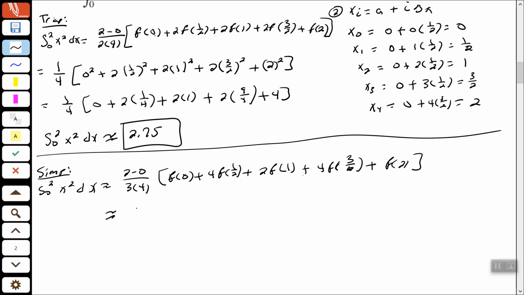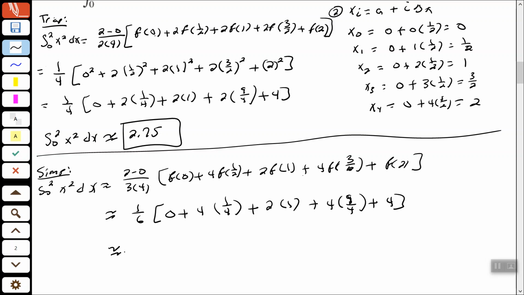So we end up with 1/6, and then plug in. The function is x squared, so you have 0 squared, and then 1/2 squared, and so on. So we have 0 plus 4 times 1/4 plus 2 times 1 plus 4 times 9/4 plus 4.